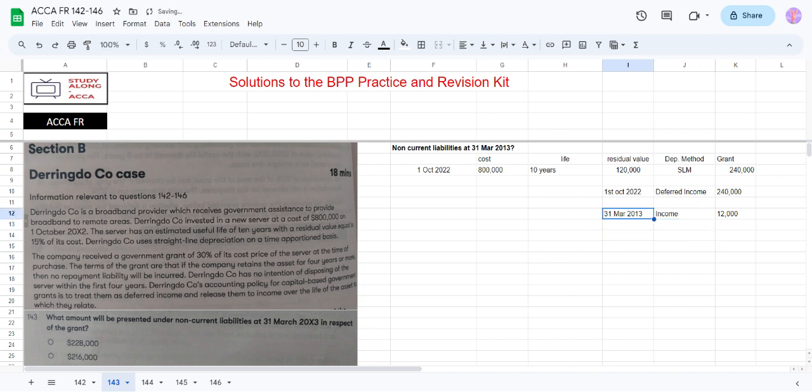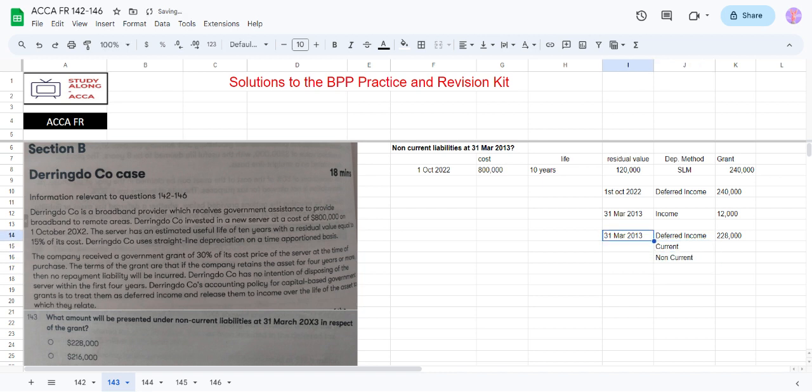So on this date they will have deferred income of 240 minus 12, which is 228. But here also, how much will be current and how much will be non-current?